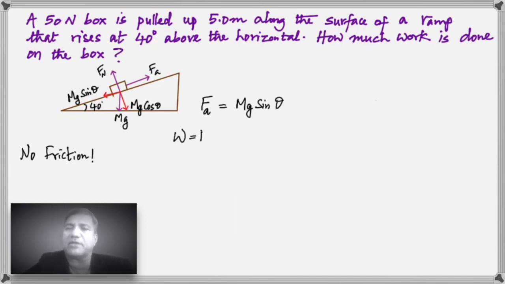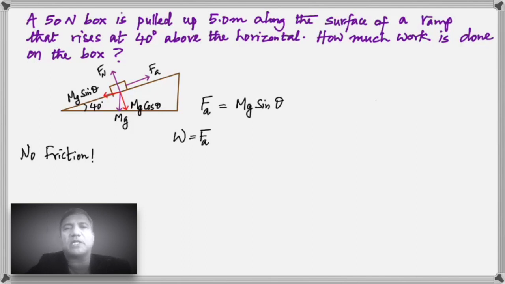So now it's clear that in order for the object to move, the applied force has to be equal to mg sine theta. Because if you apply a force less than mg sine theta, it's not going to move up. Okay? So I repeat, the applied force must be equal to mg sine theta.